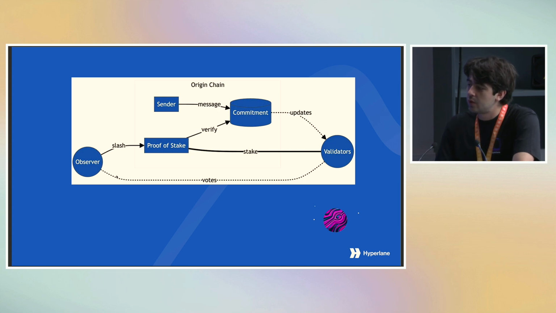And you can trustlessly verify if a validator has signed a message that was not included in this Merkle tree. So we have a deterministic 100% slashing condition on the origin chain. The root of the whole problem is how do you prove this on other chains, and that's what interoperability is. But we have this very nice slashing condition, and we can have an observer be responsible for looking at the signatures of validators and providing to this proof of stake contract: hey, Alice just committed fraud, let's slash her stake.